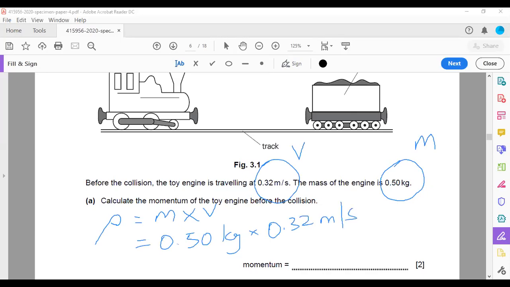So 0.5 multiplied by 0.32, you get 0.16. The unit will be kilogram meter per second as a unit for momentum. Good? Everyone okay with that so far? So we get the momentum of the train.